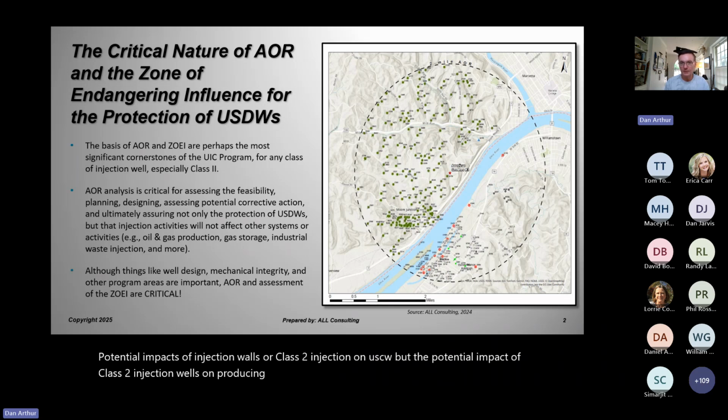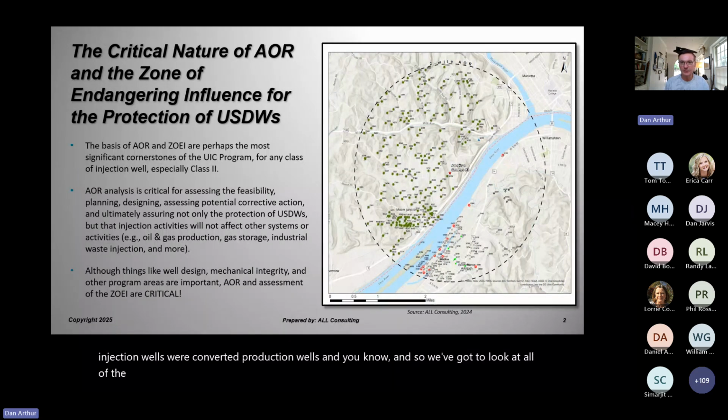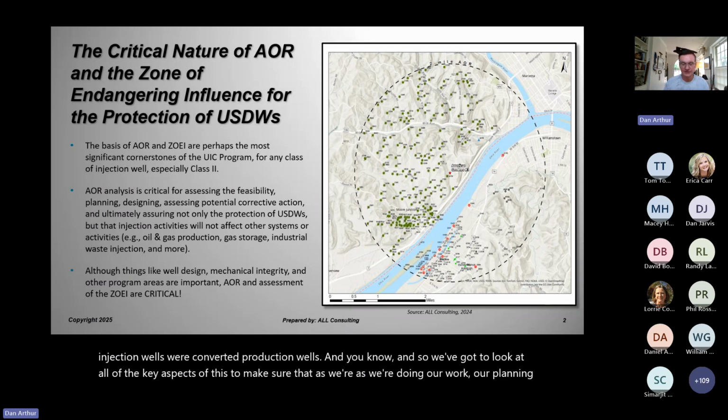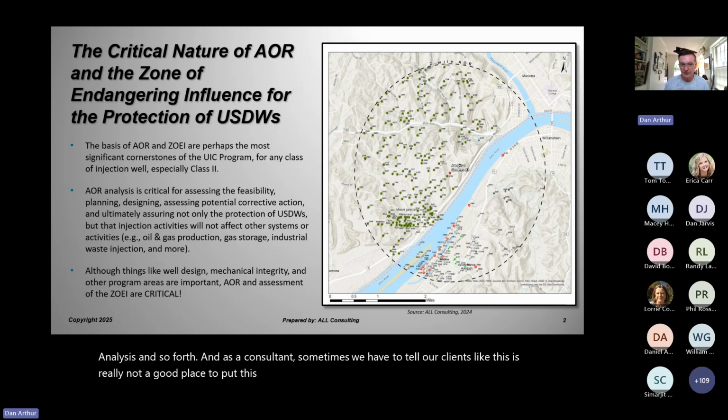So we also want to be cognizant that a lot of injection wells were converted production wells, and so we've got to look at all of the key aspects of this to make sure that as we're doing our work, our planning, our feasibility analysis, and so forth, and as a consultant, sometimes we have to tell our clients, this is really not a good place to put this well because of whatever, or we can put it here, but we're going to have to do a bunch of corrective action, or it could be a variety of different things.